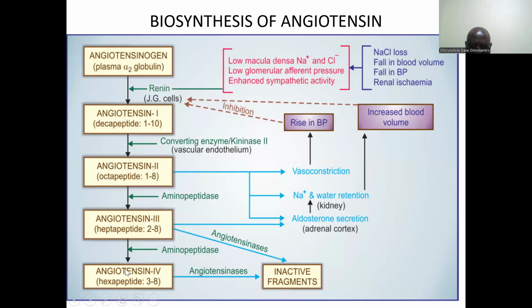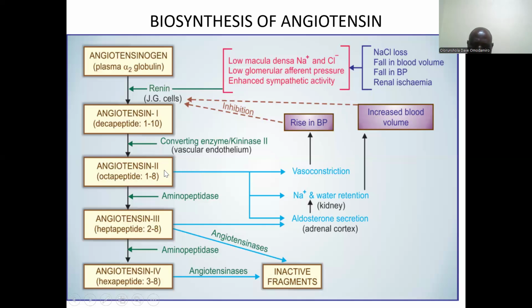Angiotensin 4 can also be acted upon by angiotensinase to produce inactive fragments, and angiotensin 3 too can be acted upon by angiotensinase to the inactive metabolite. This is a very simplified pathway for biosynthesis of angiotensin.